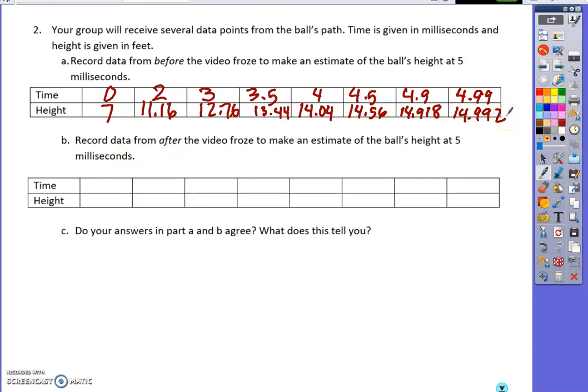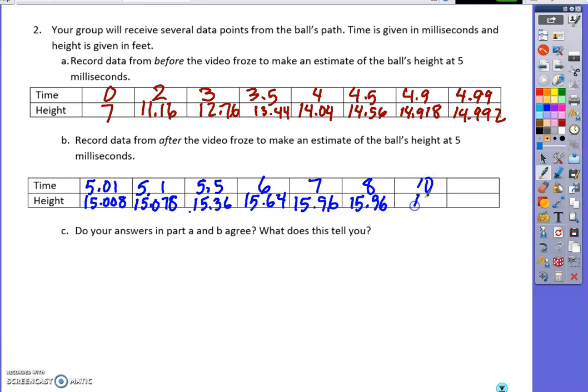Then coming right after 5 seconds, we've got 5.01 is 15.008, then 5.1 is 15.078, and 5.5 is 15.36, next number is 6, 15.64, 7, 15.96, 8, 15.96, 10 is 15, 14 is 9.24.